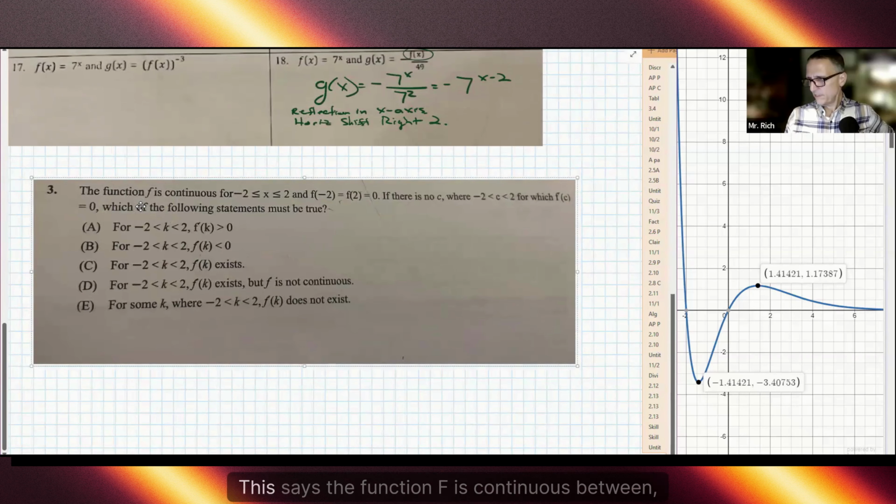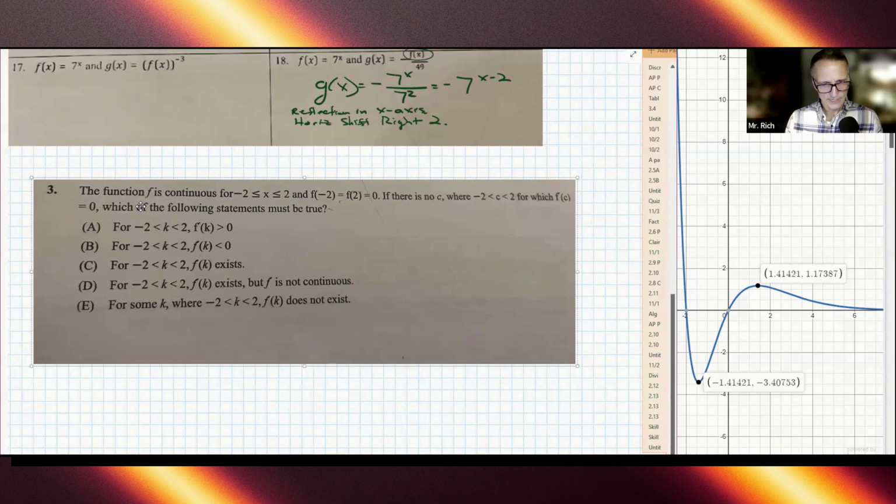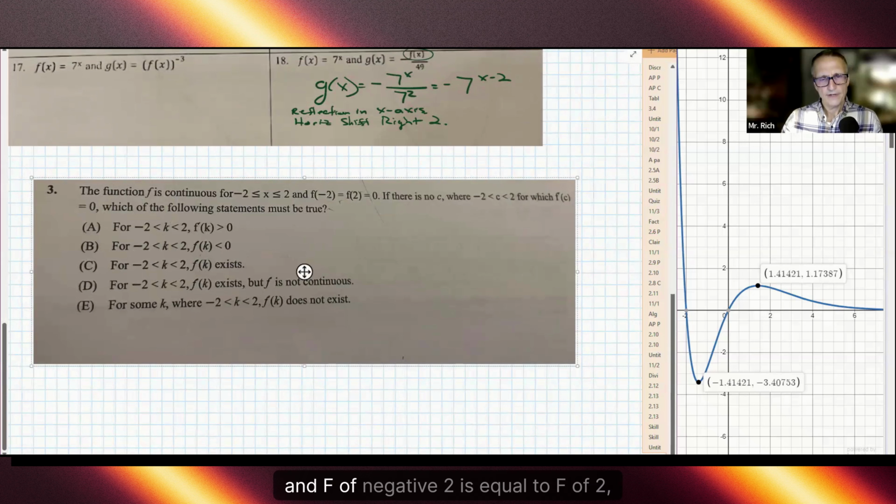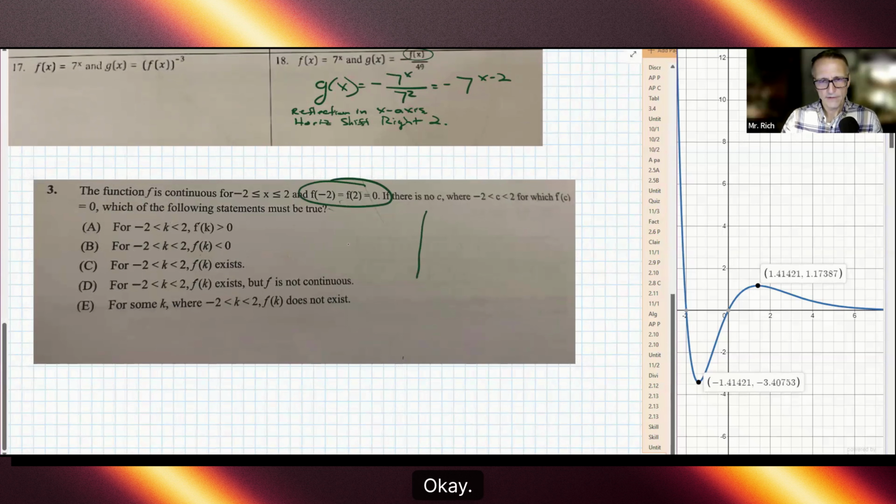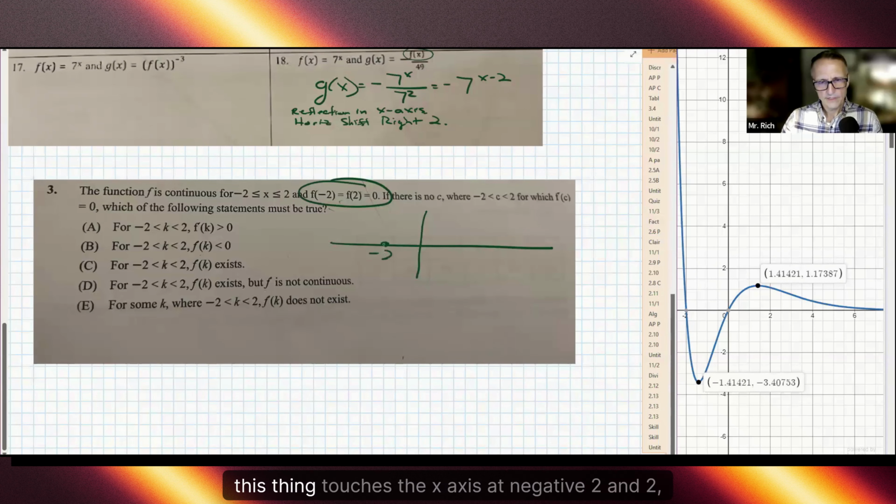Number 3, this says the function f is continuous between the closed interval -2 to 2 and f of -2 is equal to f of 2, which is equal to 0. So apparently they're giving me the x-intercepts, okay? Apparently this thing touches the x-axis at -2 and 2, and it's continuous.